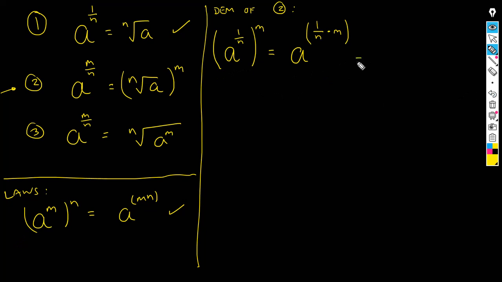Okay, let's continue. This is equal to a raised to the 1/n times m over 1. I'm just rearranging the way in which I'm writing the m. M is equal to m over 1. And if I multiply these two fractions, I get a raised to the m over n.